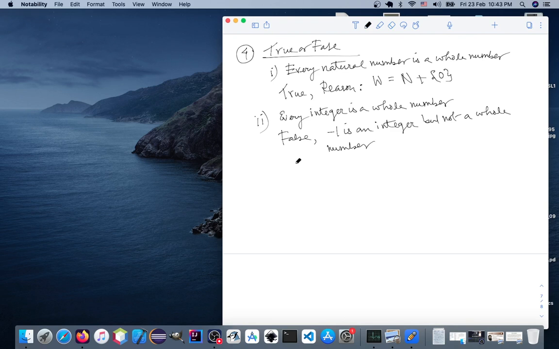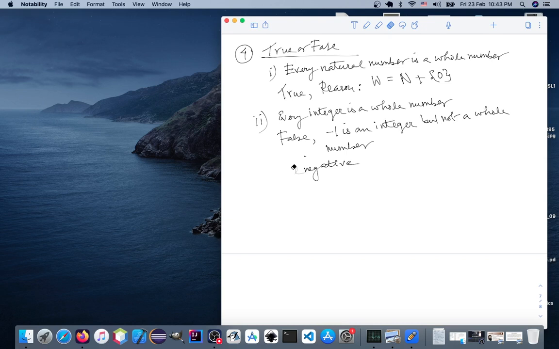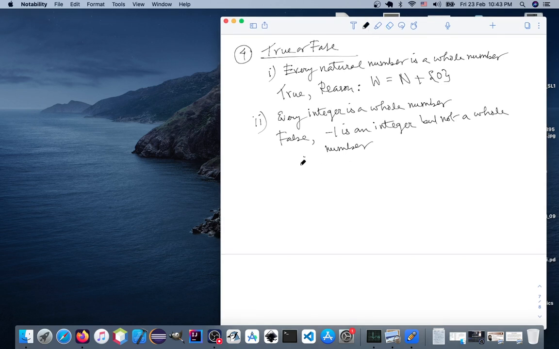A better reason is that negative integers are not whole numbers.